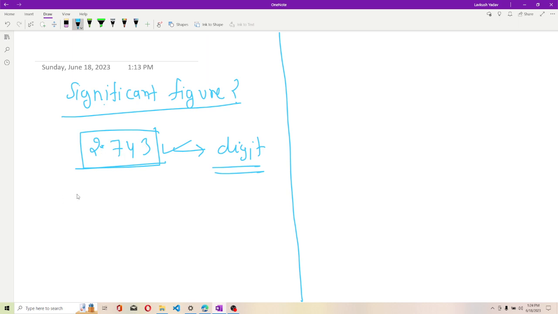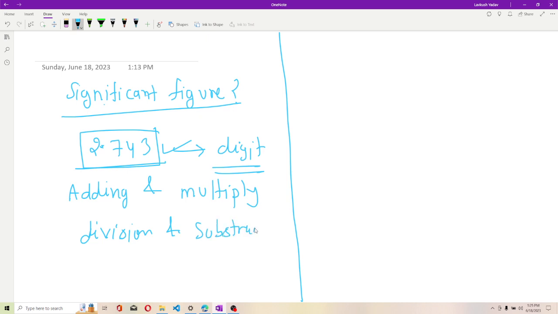Now I want to go with the addition, multiplication, division and subtraction of these digits.